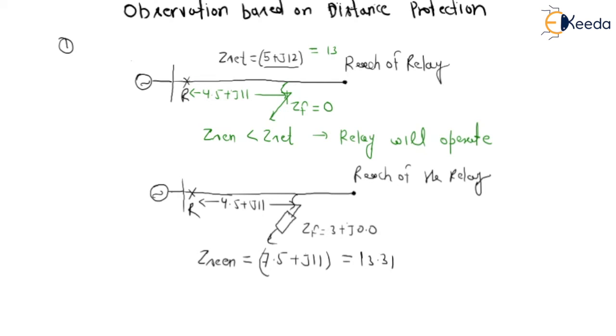So this time Z seen is greater than Z set, so the relay will not operate. We can see that this is under the reach of the relay and should be working, but it is not operating in actual. This is the malfunctioning of the relay just because of this fault resistance.